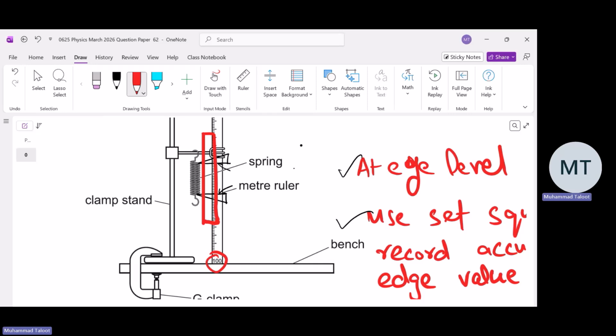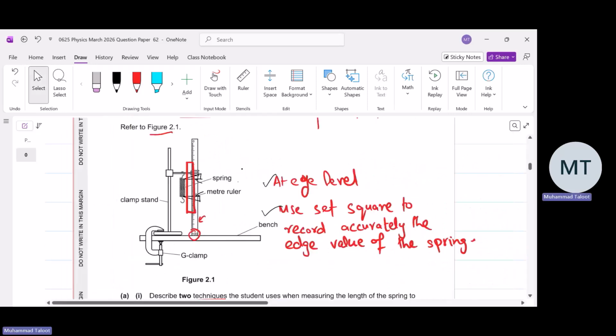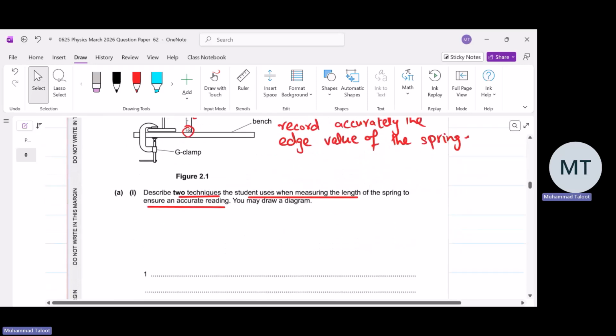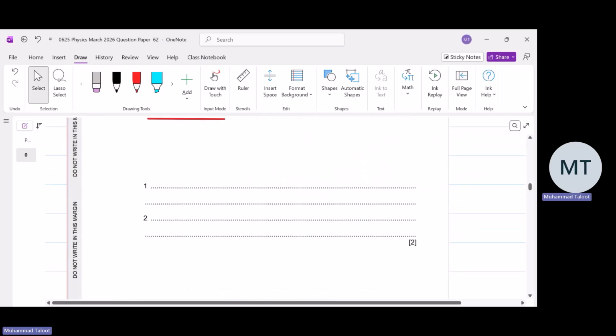So this is going to give you the more best value here. So apart from this, one more thing that you have to ensure that either the scale is vertical or not. If scale is not vertical, then there is a problem. It will not give you the good result. Values are going to be wrong. So these are the three techniques I have told you. So we are going to write here.